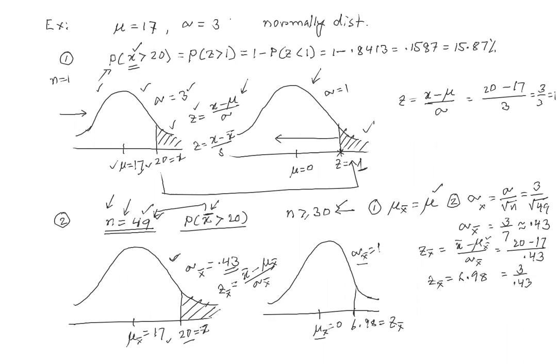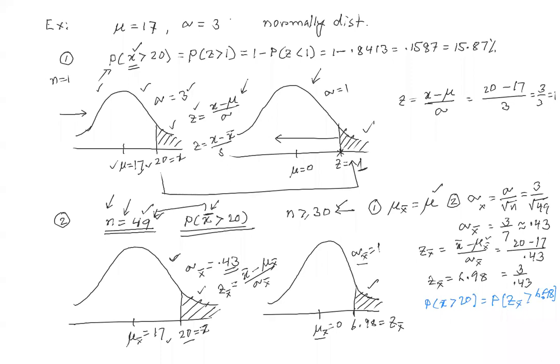Now let me remind you, this area is the same as this area. So the probability that X bar is greater than 20 is the same as the probability that Z sub X bar is greater than 6.98 standard deviations. Let me pause here and remind you of this.